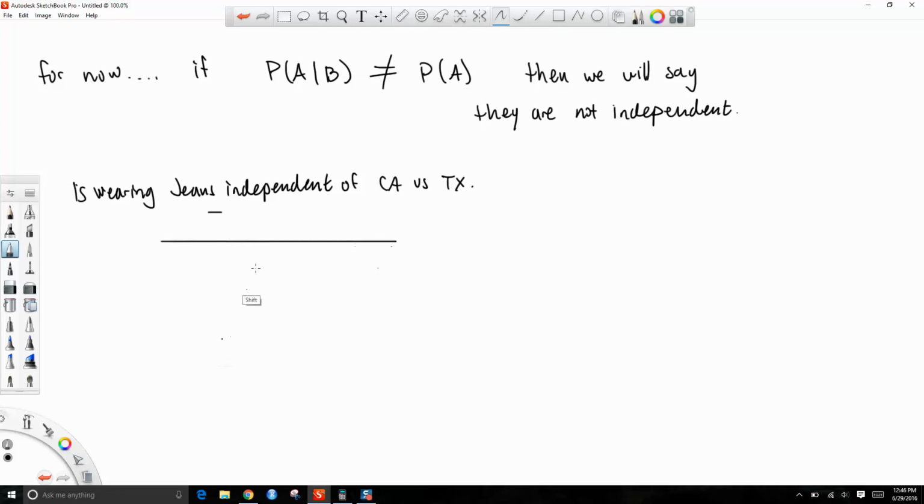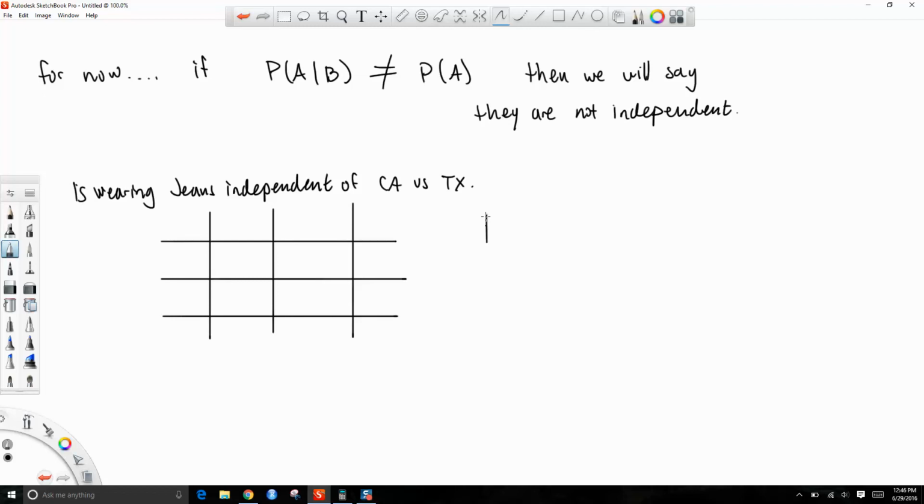And just for simplicity, let's say the probability of jeans given California is, I don't know, 85%. And we'll say the probability of jeans given Texas is 86% or something like that, okay? So they're very close. So for now, because these two things aren't exactly equal, we would say they are not independent, okay?